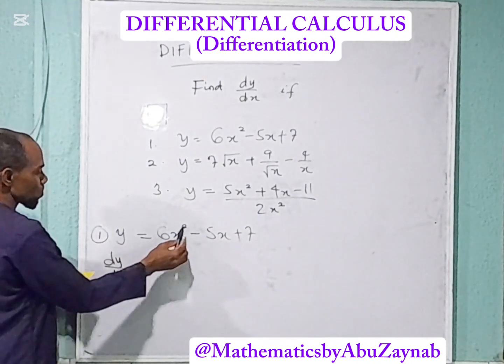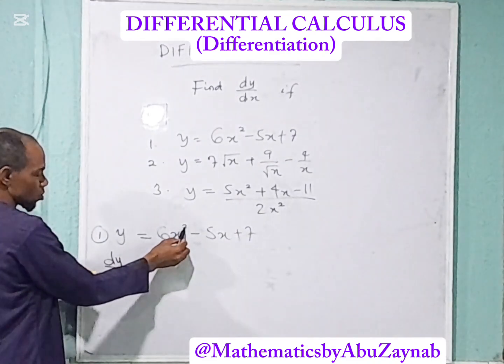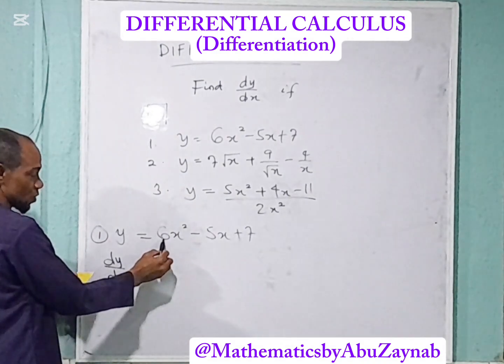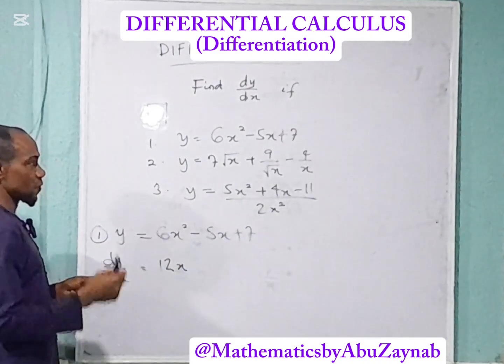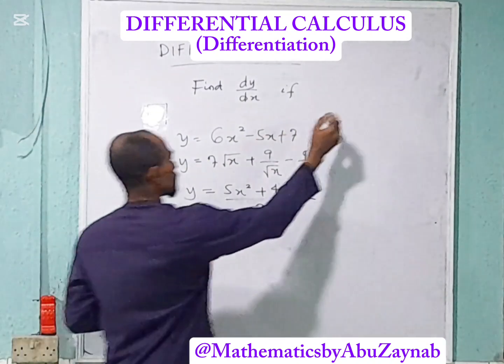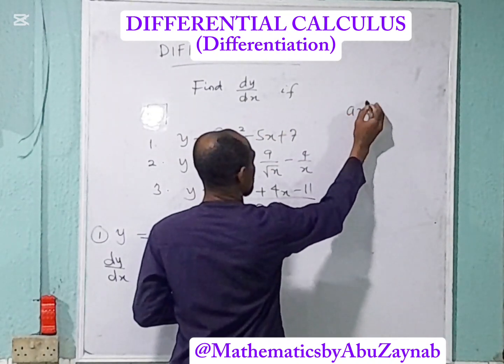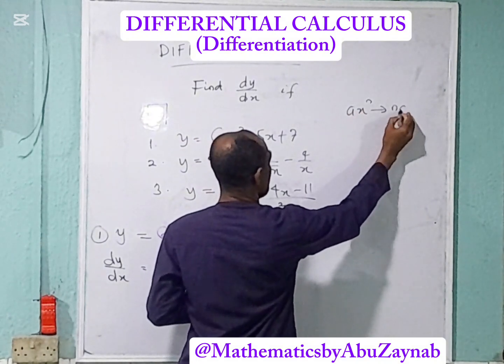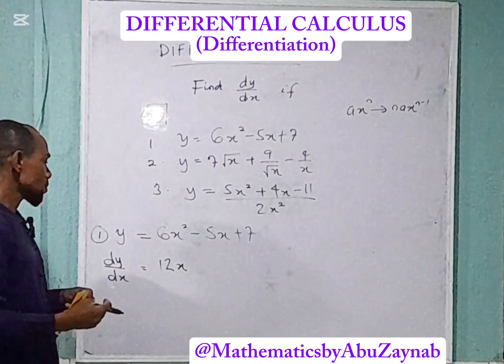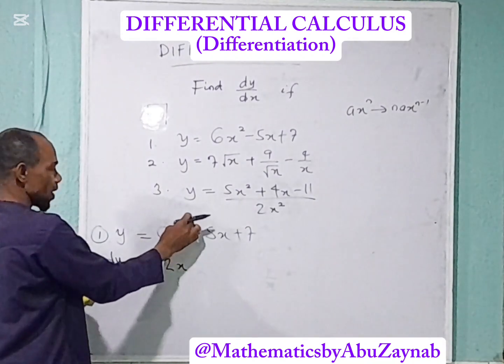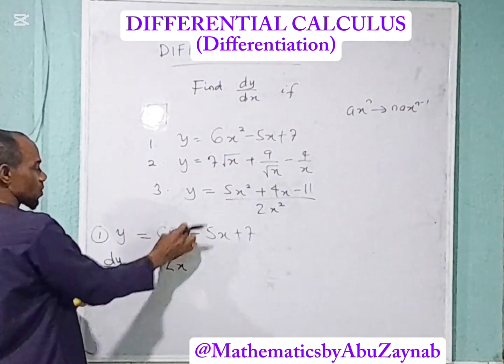All you need to do is to multiply the exponent of the x with the coefficient. So 2 by 6 is 12. You have x, then 2 minus 1. From that table, remember, you've got ax power n transforming to n ax power n minus 1 on differentiating. So this is a, this is n. So n times a, which is 12, n minus 1.